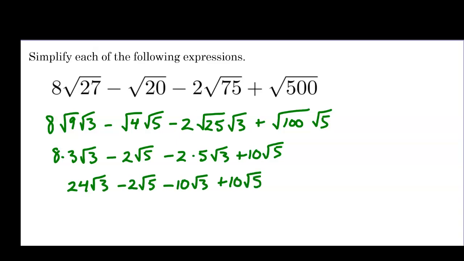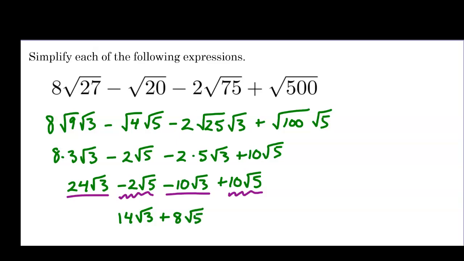So we have 2 pairs of like terms. The 24 rad 3 minus the 10 rad 3, and then the other 2 terms both have square root of 5. So this would give us 14 square root of 3 plus 8 square root of 5.